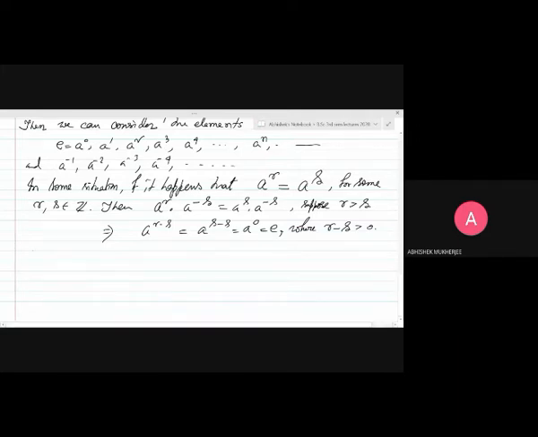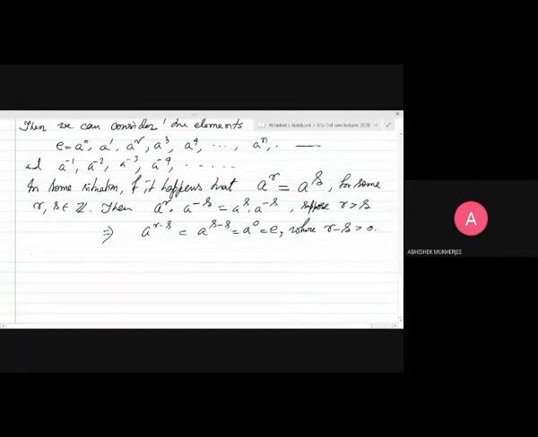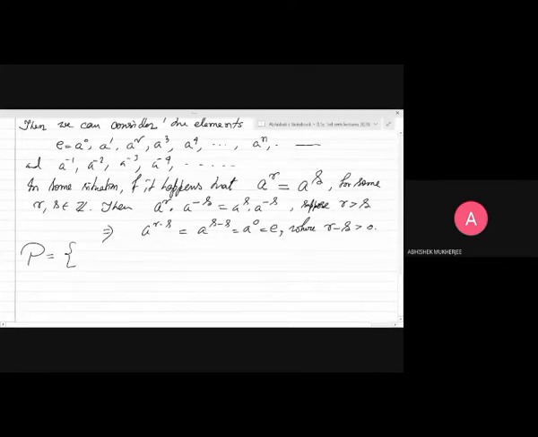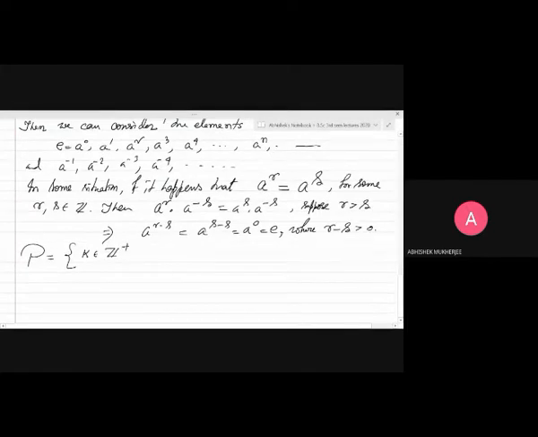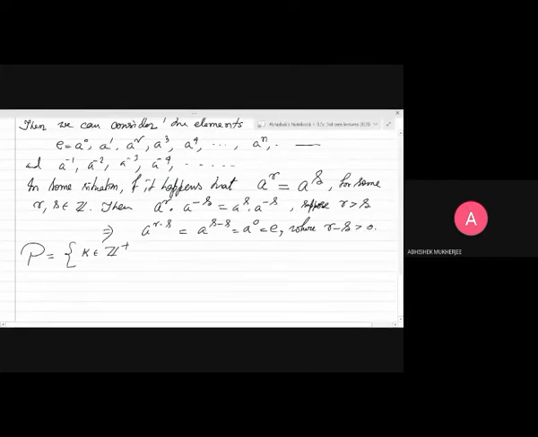So now we can set up a set P which is k belongs to Z plus, that means the set of all positive integers, and we are considering those k for which a to the power k is identity.